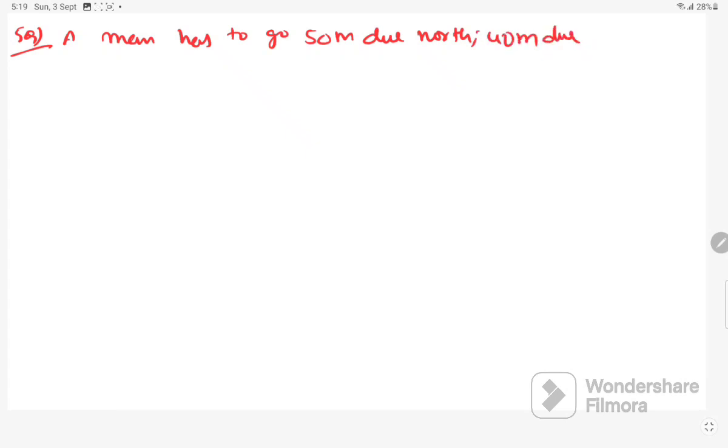So the fifth question is, a man has to go 50 meters due north and then 40 meters due east and then 20 meters due south to reach the field.